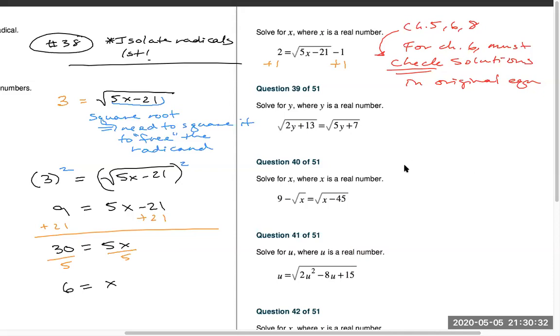So I'll do this check out. So 2, does that equal root 5 times 6 minus 21 plus, minus 1.